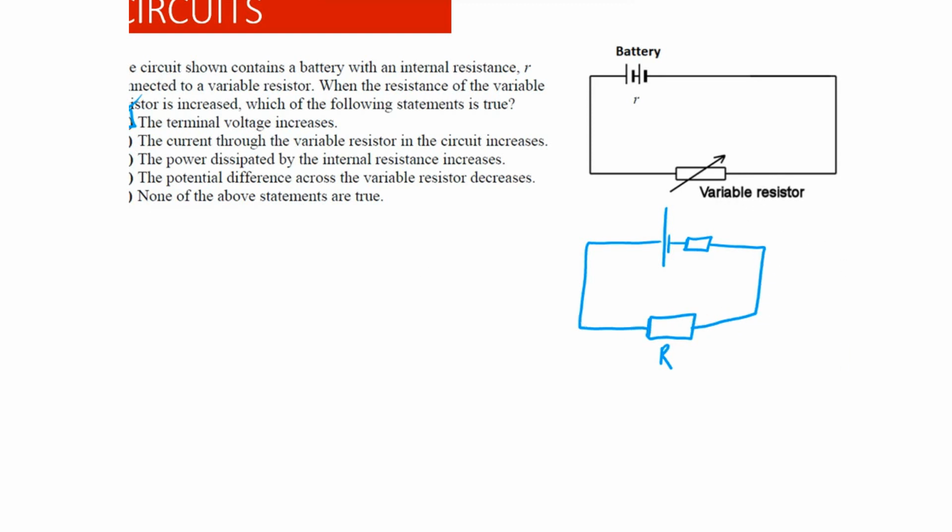So now how can we understand this one? Simple, you need to understand this is EMF, this is R, and this is total R. The potential difference, if you have only one load resistor, is what we call the terminal potential difference.